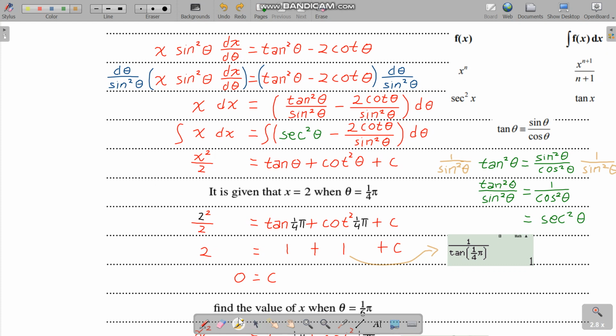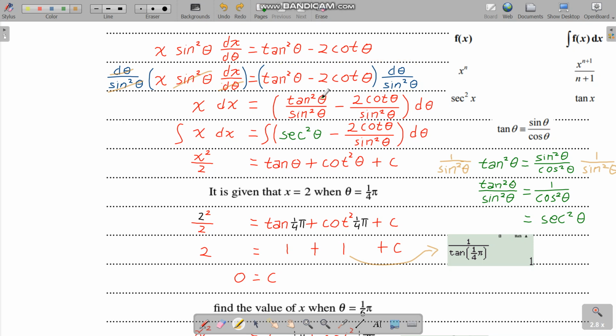We do that by multiplying or dividing both sides by something. So here we multiply both sides by this guy, because we can now cancel out sine squared theta, and we can cancel out d theta, and on the right, there's nothing to cancel out. So on the left we only have x dx, and on the right we just rewrite everything.